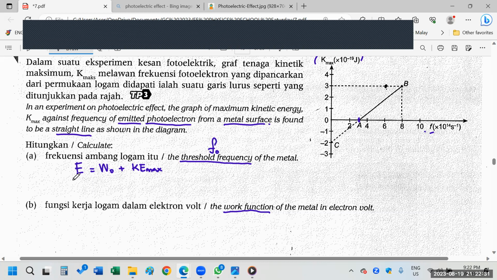So this is E equals W naught equals hf naught plus KE max.